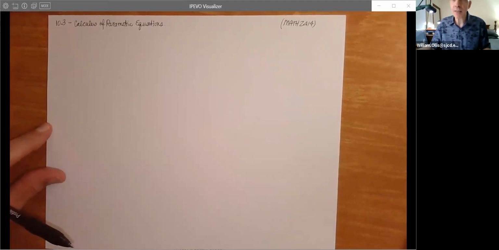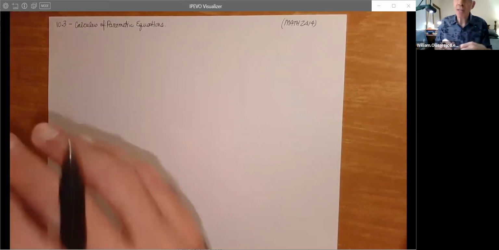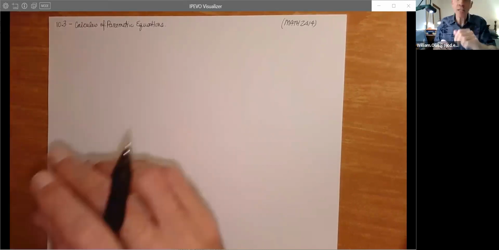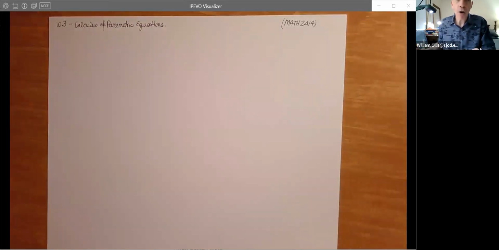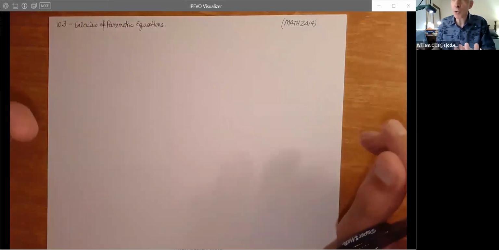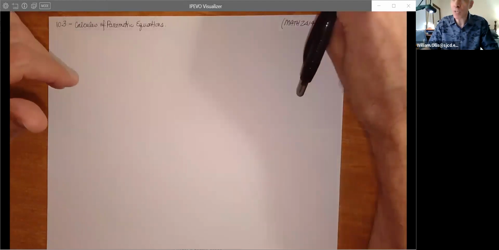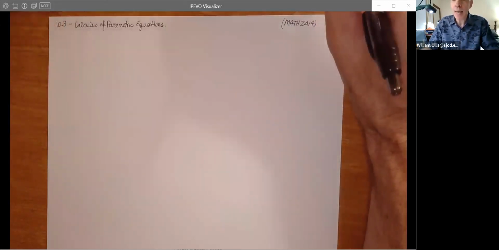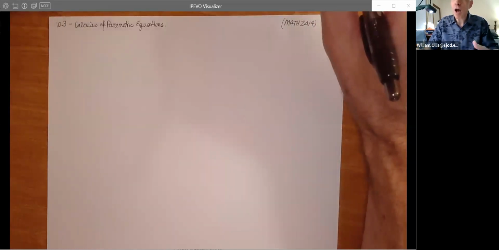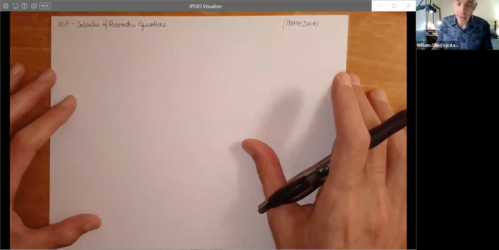That is, how can we get the Cartesian derivative from the parametric representation, and then go back and look at some of the ideas from Chapter 7 about arc length and surface area and things of that nature that we now want to write in terms of the parametric representation. Like I said before, when you get to Calculus 3 and you're doing curve theory, all of this will come back and hopefully be a good introduction to that.